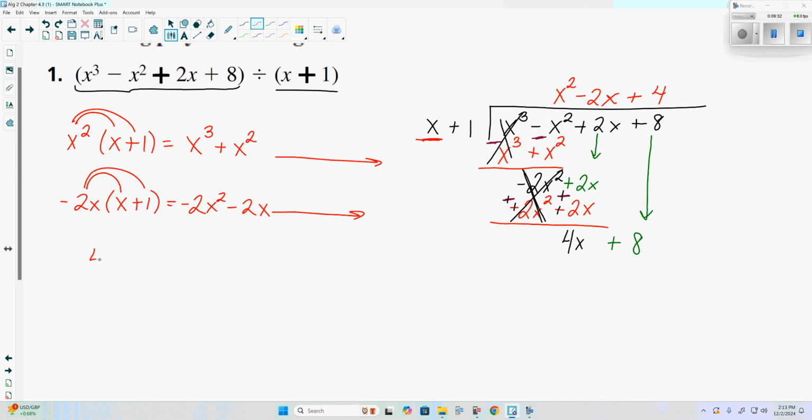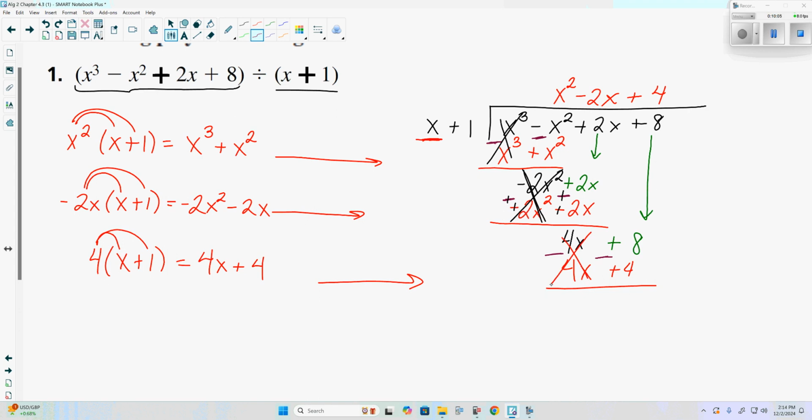We're going to multiply 4 by our x plus 1. Well, our 4 times x is 4x. 4 times 1 is plus 4. And we're going to subtract. 4x minus 4x is 0. 8 minus 4.